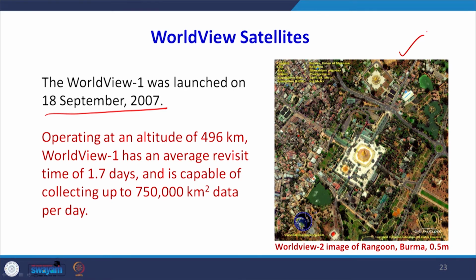Now you can see this data at 0.5 meter spatial resolution, multispectral data of the Burma region. One can see the structure in the center, you can feel even the height of it, and buildings and other features, open land, road, street network, they are all very clear. So one can carry out various kinds of thematic mapping from this data, extract a lot of information without going to the field.